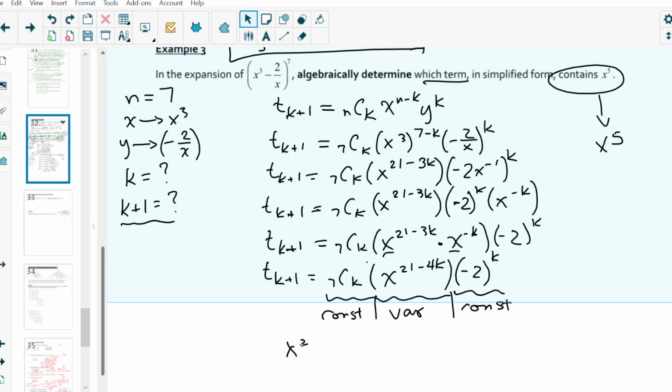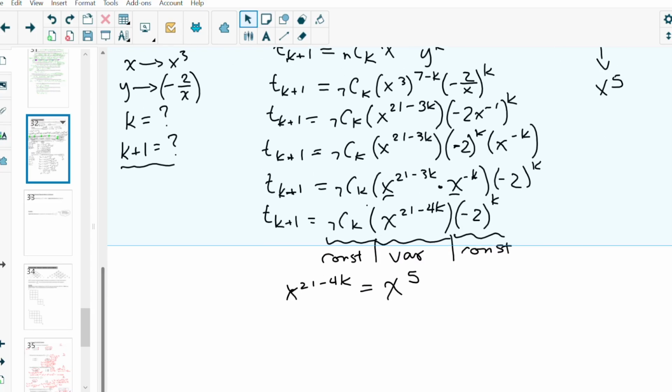Okay, so x to the 21 minus 4k must equal x to the 5th. We have the same base, so we can just set the exponents equal to each other and solve for k. Okay, so I have negative 4k equals negative 16, and k equals 4.